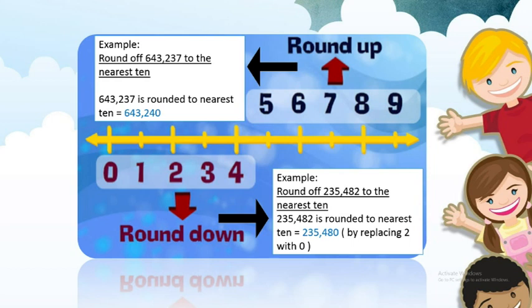Yes, very good. 7 is more than 5, right? So you have to add 1 to the digit in the tens place. The answer is 643,240, because 7 is more than 5. So you have to add 1 to 3 and write 40.